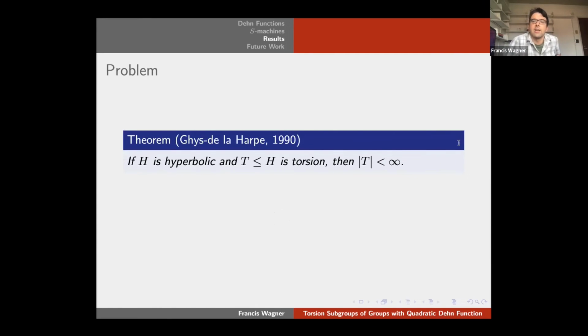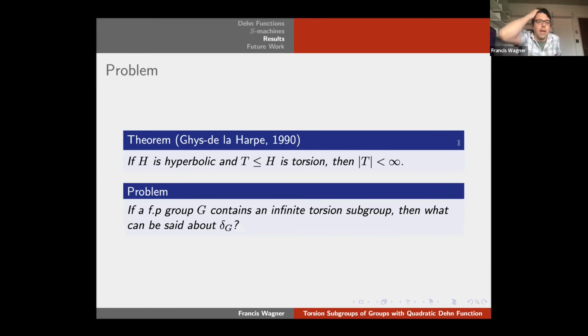It does not contain any torsion subgroup which is infinite. So that could beg the question, well, what if I have a quadratic Dehn function group, or just a small Dehn function group? Can it contain an infinite torsion subgroup? Well, you could take infinitely many copies of Z2, take their direct product, and that could work out.